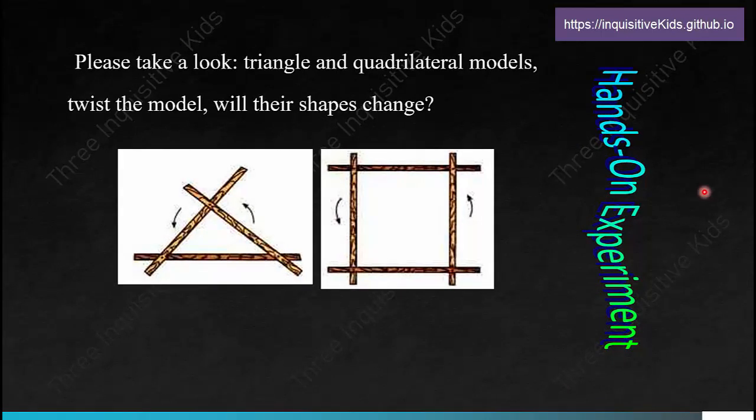So please take a look. This is what yours might look like. Here are the triangle and quadrilateral models. If you twist the model, or try to shift it a little, will their shapes change? Is it wobbly? Well, for the triangle, it's not going to move. But for the quadrilateral, it will.